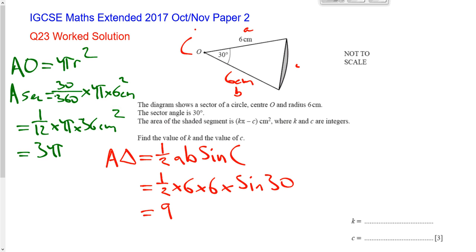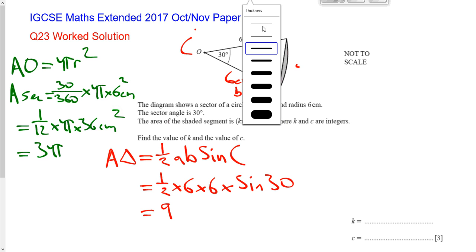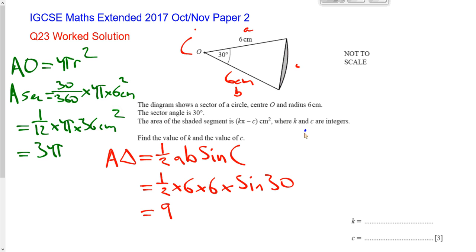So the area of the shaded segment will be equal to the area of the sector minus the area of the triangle.